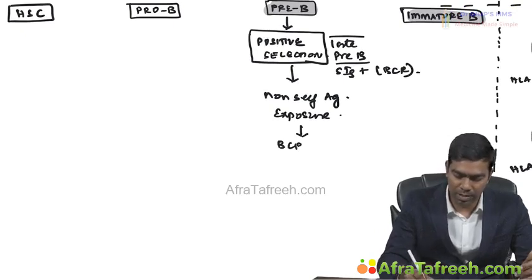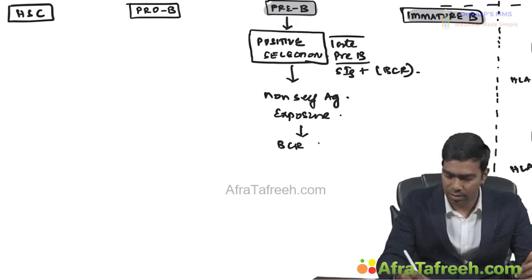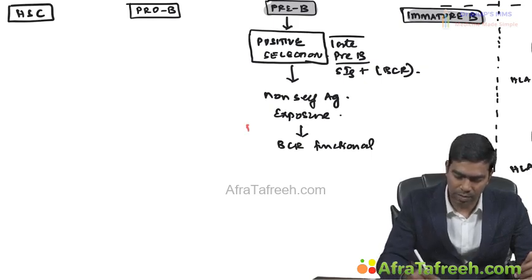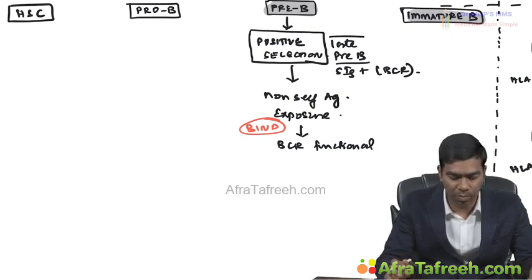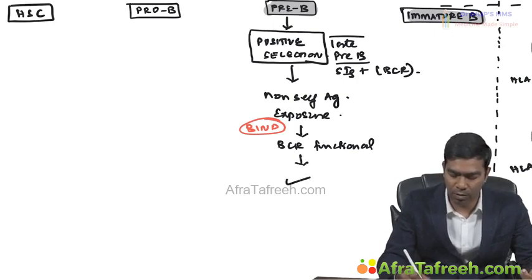If the B cell receptors are functional, which means if they bind with this non-self antigen, at least they have to try to bind, isn't it? That means it's a functional BCR. So this will go through selection and they will survive.